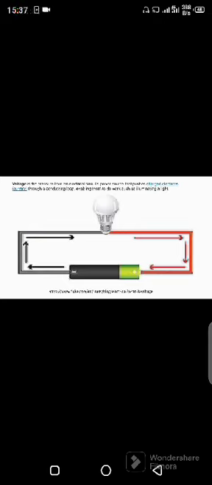So what this means is that as we see clearly, you can see a light bulb, a battery, a positive conductor, a positive connection which is red, and a negative connection which is black.